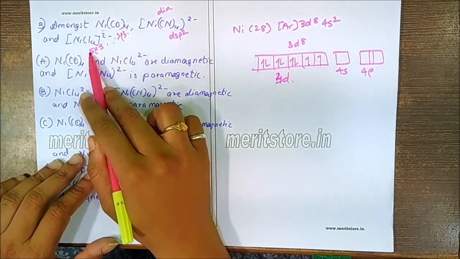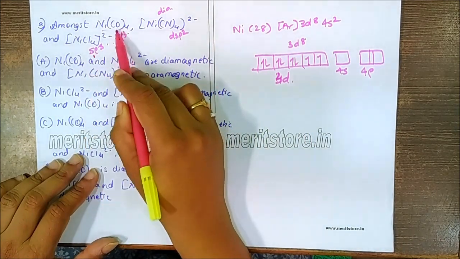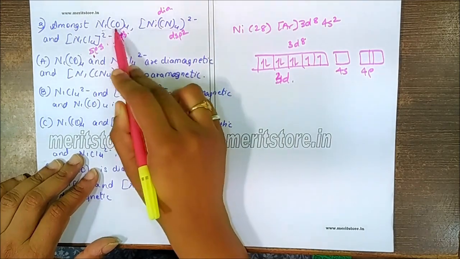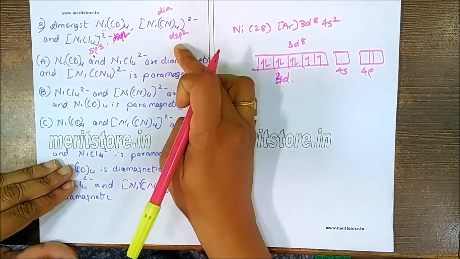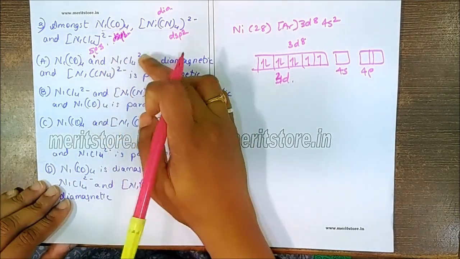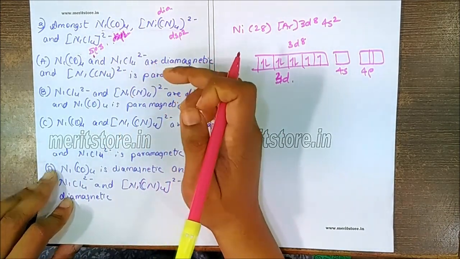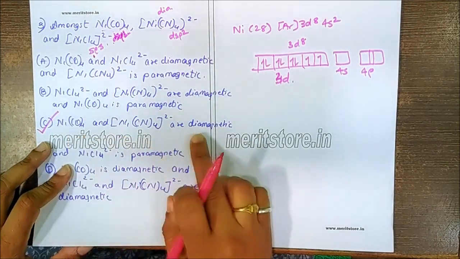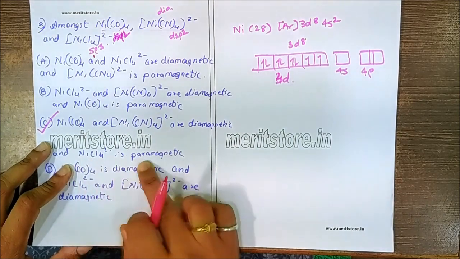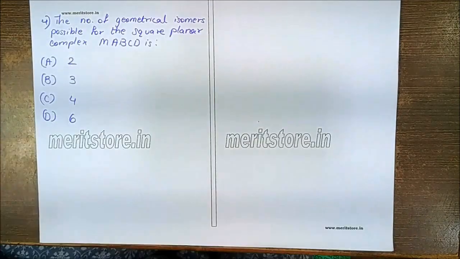For CO4, this is dsp2, sorry. So both of these are diamagnetic and Cl4 is paramagnetic in nature. That's why for question number 3, the option is C. CO4 and CN4 are diamagnetic and Cl4 is paramagnetic in nature.